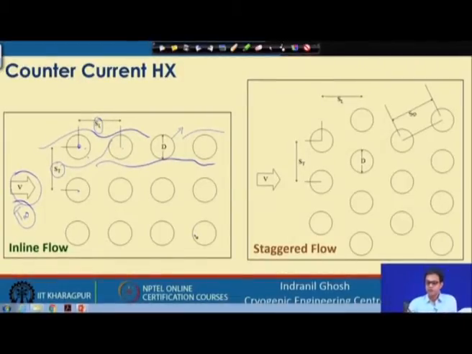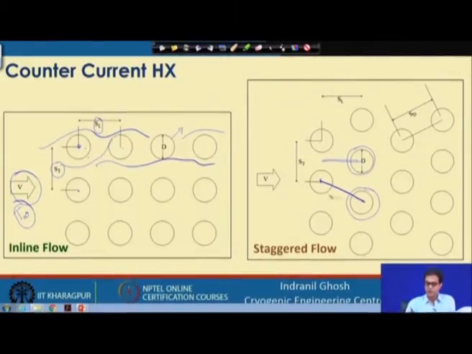We may also have a configuration where the second row of tubes is offset, just in between two tubes of the first row, and the third row again in line with the first.